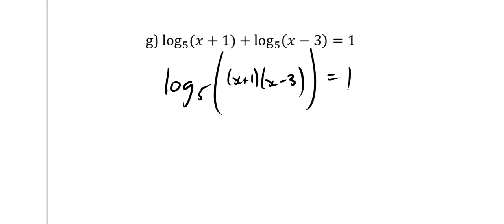If I had a whole bunch of other junk, if it had x's, I'd keep it with the x side. If it didn't have x's, I'd toss it to the other side, kind of thing. You're still going to do that. In this case, since I don't have logs on both sides, I only have one log, I rewrite in exponential form. So that means the argument of the log, which is x plus 1 times x minus 3, equals 5 to the 1.